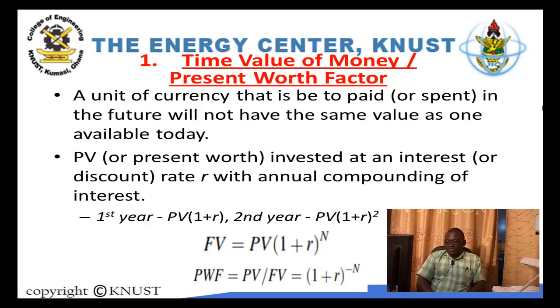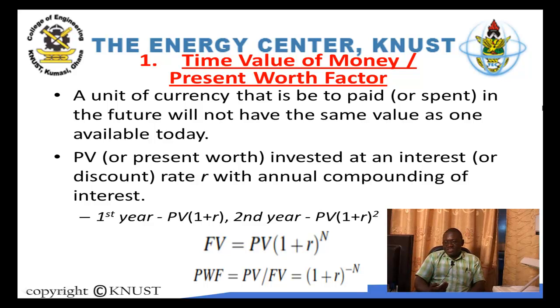Now this idea is not too difficult to understand if you're familiar with series and sequence in mathematics. When you have an investment, the present worth of an investment, at the end of the first year, it's going to give you some interest, and the interest rate is given as R. So at the end of the first year, you have the present value, PV, increased by the interest rate.